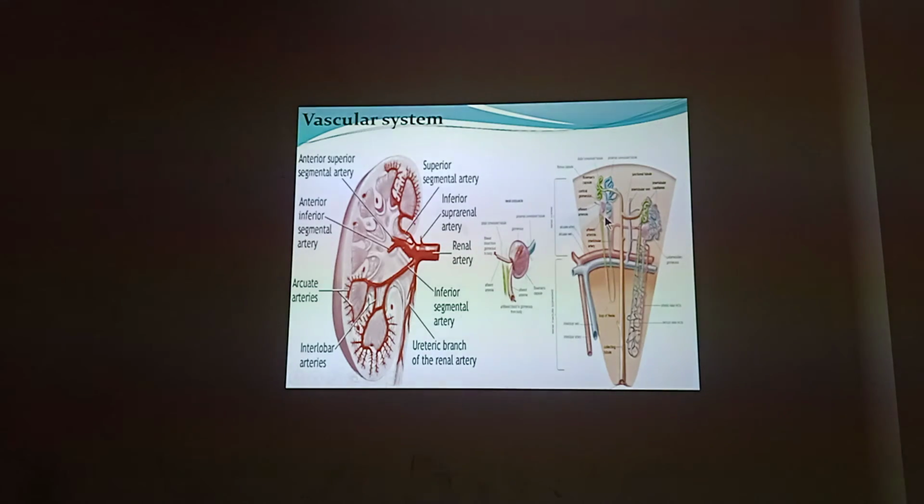Very important viva question. And where will you get the portal venous system? In the hypothalamus as well as in the GIT.